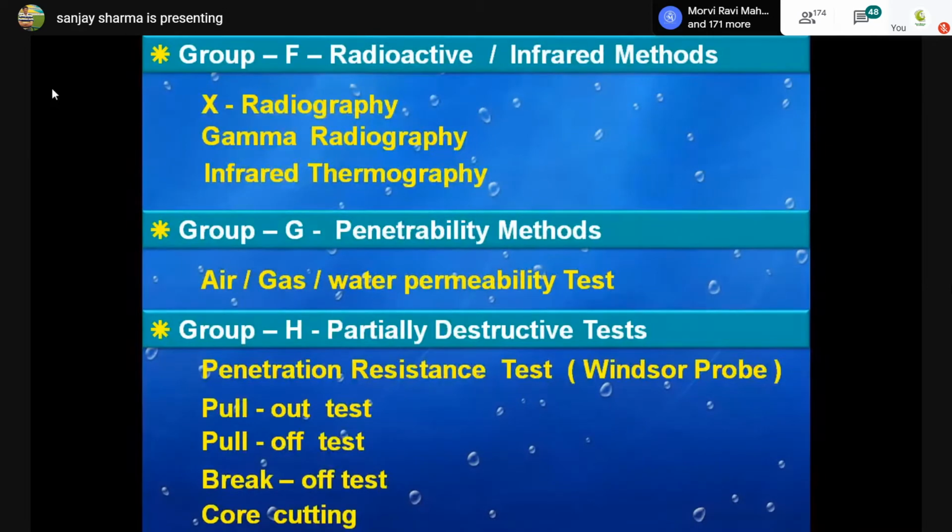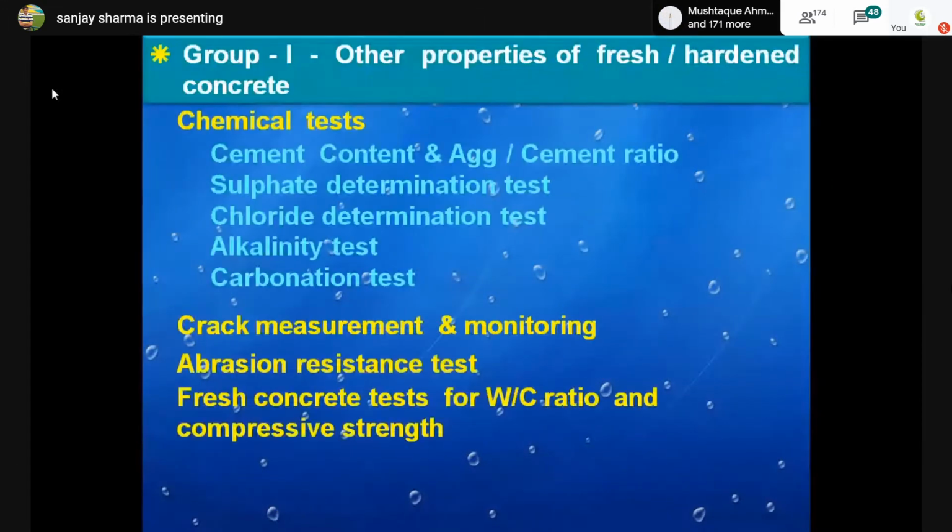And then you have the partially destructive tests, where even the Windsor probe comes, and pull-off test, break-off test, and the core cutting test.